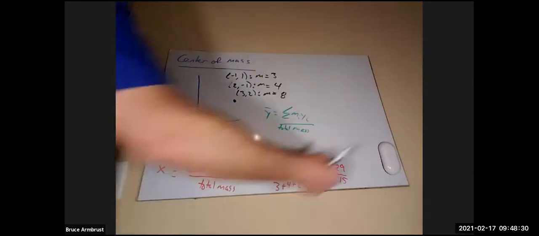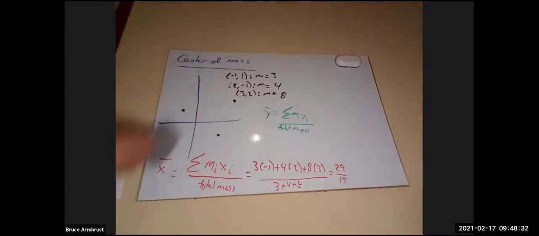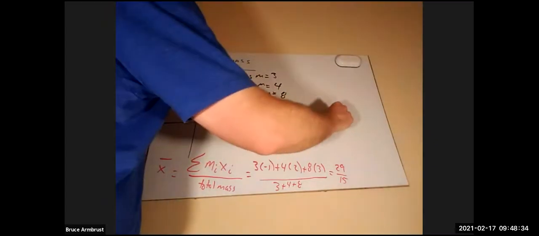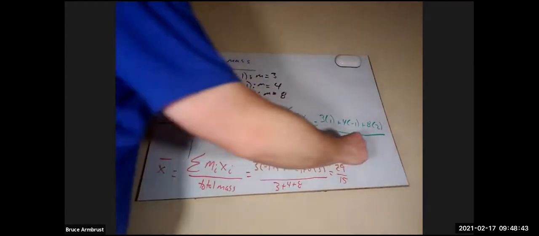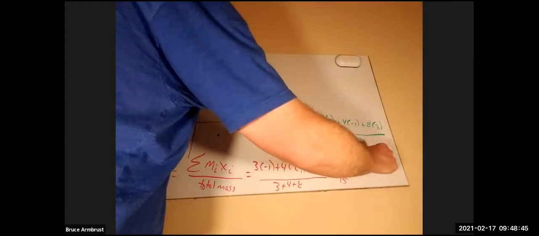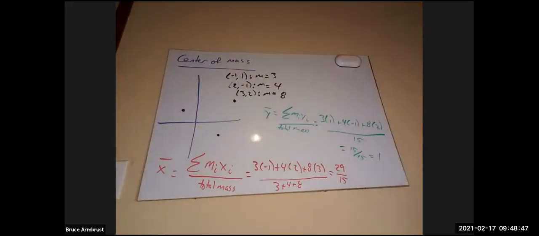So it's exactly the same structure. Well, if we do that with the y coordinates, we get 3 times 1 plus 4 times -1 plus 8 times 2 over that 15 again. Run the numbers on that guy, you get 15/15 or 1.